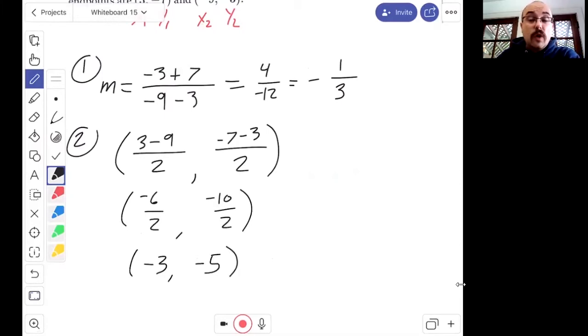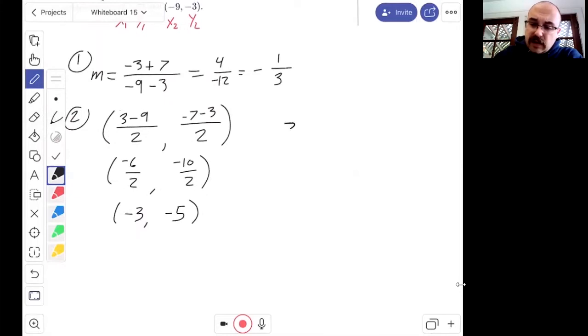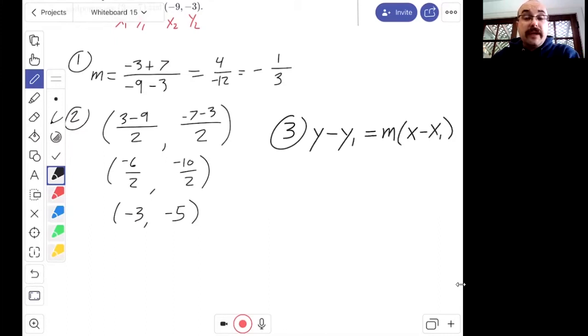We now have the slope and the midpoint of our segment. Let's go to step three. I'm going to do this one off to the side here so I can draw some arrows. So step three, we have our equation, point slope form: y minus y1 equals m times x minus x1. And we're supposed to plug in our midpoint and our perpendicular slope. Let's start with that perpendicular slope.